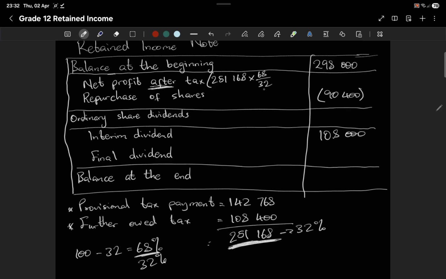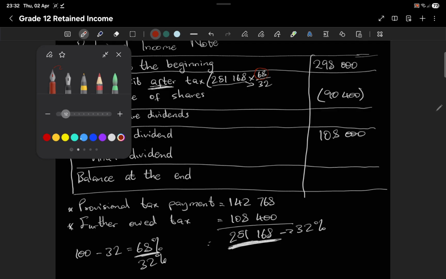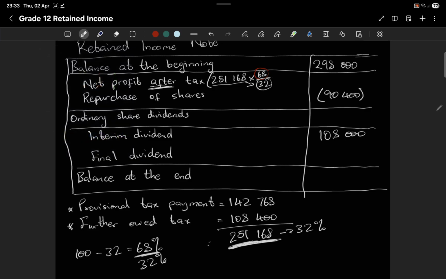In this case it is the 32. Then the unknown one, you write it on the top, which is the numerator. So in this case, this 251,168 represents the 32%. This 68, we don't know it, that is why we put it on top. That is the one we are looking for. We want to know how much it is. Then the 32, we know it, so we put it on the bottom. Always don't make a mistake.